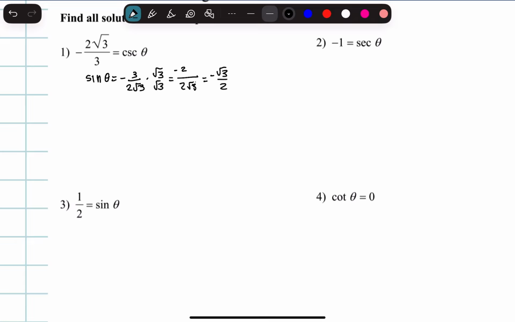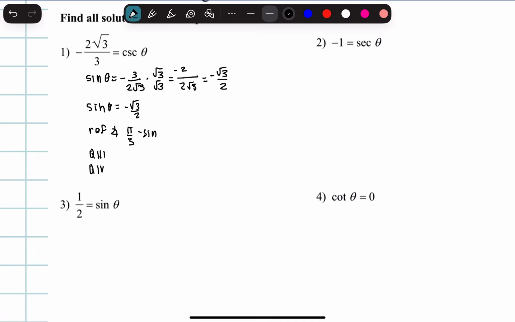So now after this, we know that sine theta is going to equal negative root 3 over 2, and then we know that the reference angle is going to be pi over 3, and we know that sine is going to be negative in quarter 3 and also in quarter 4.